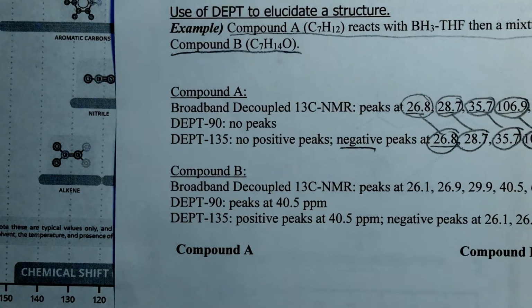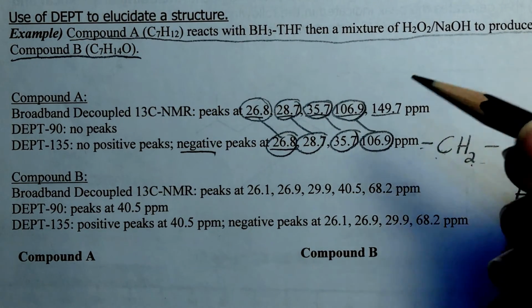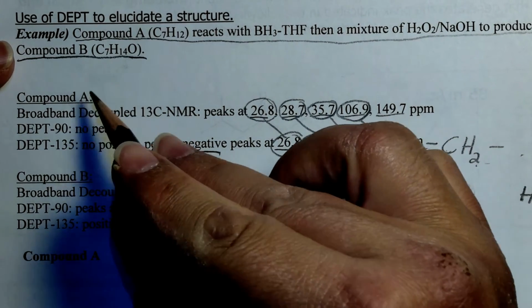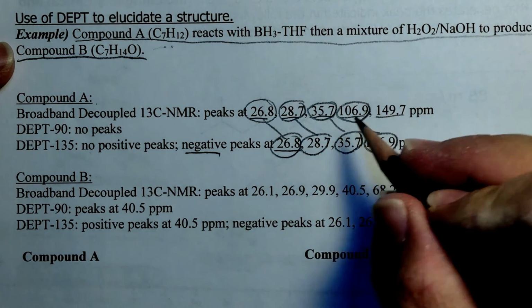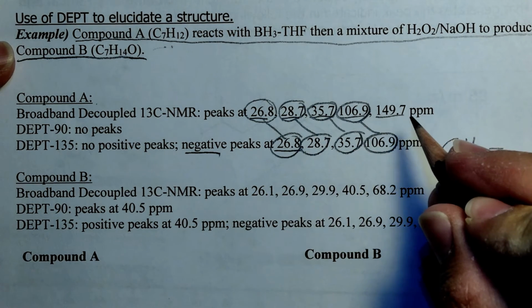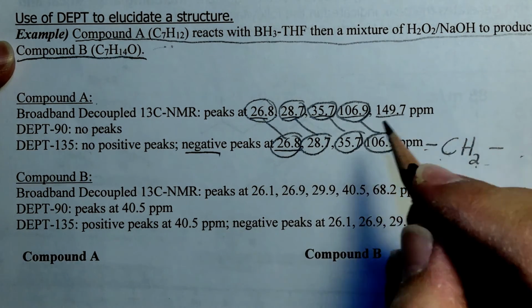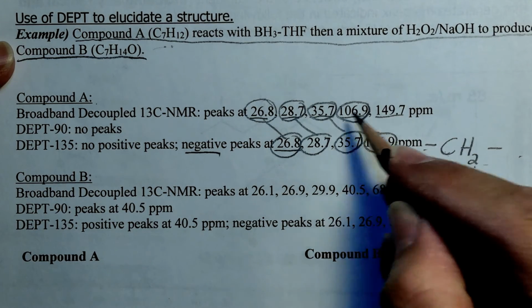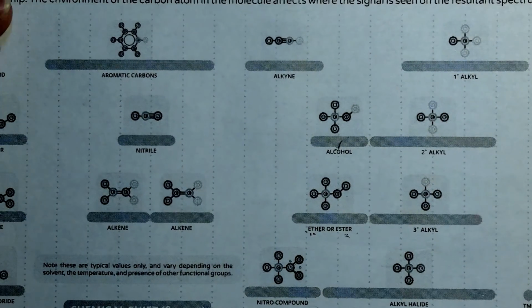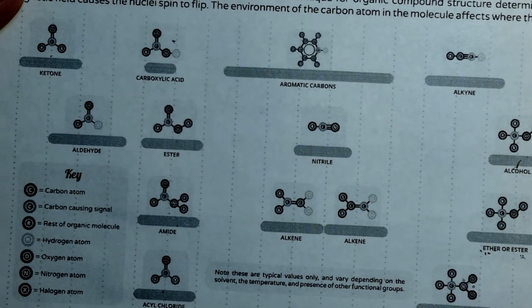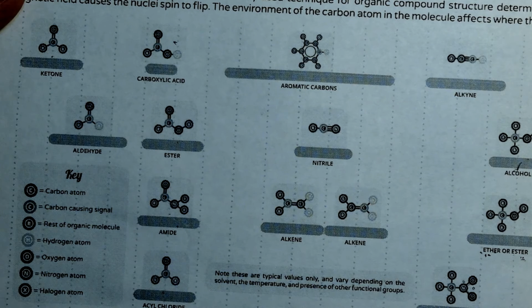And we look at our data here, compound A, which is what is reacting with the borane, and we don't see any peaks in that region. In fact, what we do see is 2 peaks, 106.9 and 149.7 ppm. If we look in that region of the chart, 106 is around here, and 149 is around here.